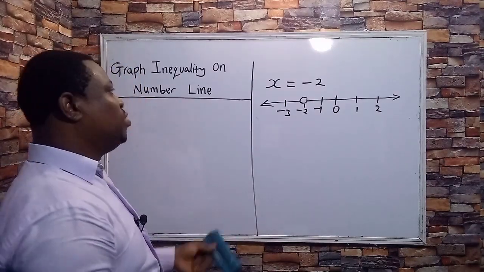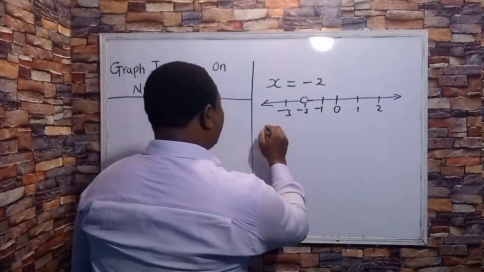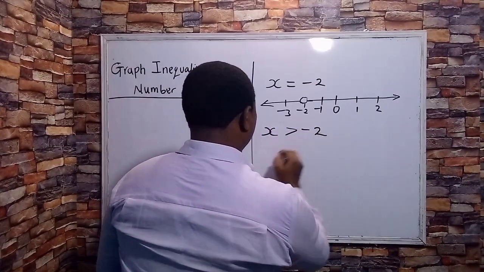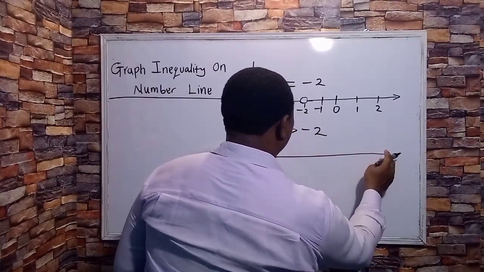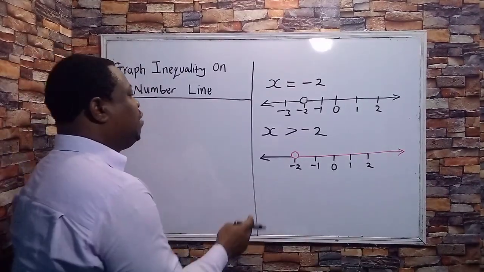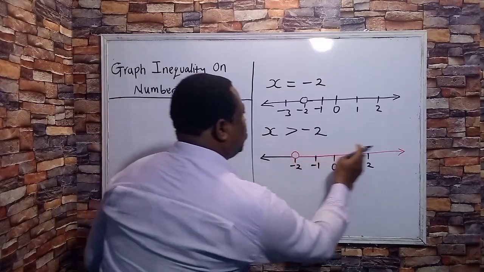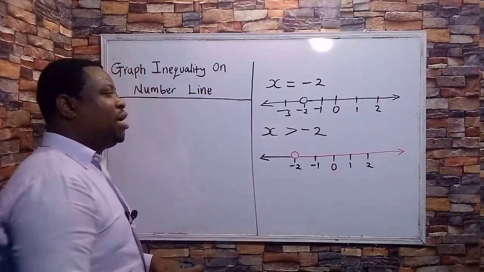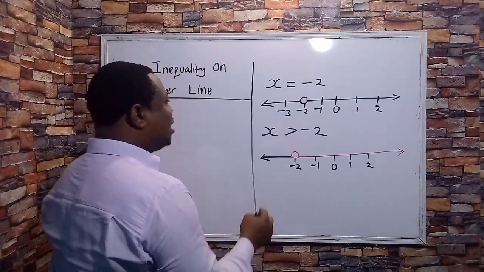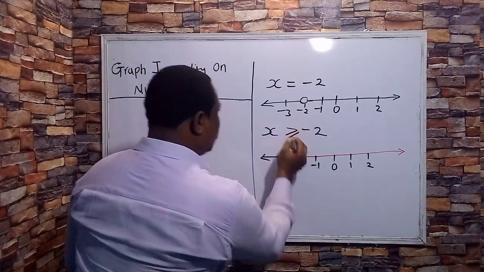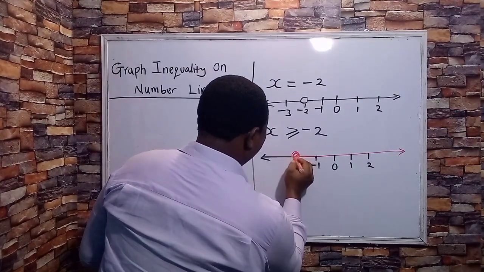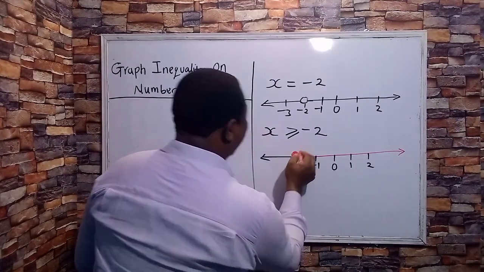Right? Good. But when you now say inequality, x is greater than -2, your number line should look like this, right? So -2 means all the part facing there, x is greater than -2. If it is greater than or equal to, it means you have to shade what you have there like this.